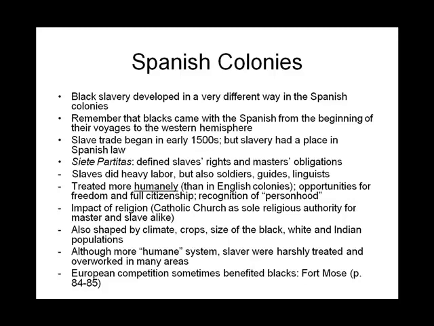In 1739, when you have the Stono Rebellion, in South Carolina, those slaves who were involved were trying to get out of the British colony of South Carolina and make their way to Fort Mose in the Spanish colony, but they were captured before they were successful. So the result of this, in 1740, is that the English will attack the town of Fort Mose and try to run the people out, but they'll keep coming back.